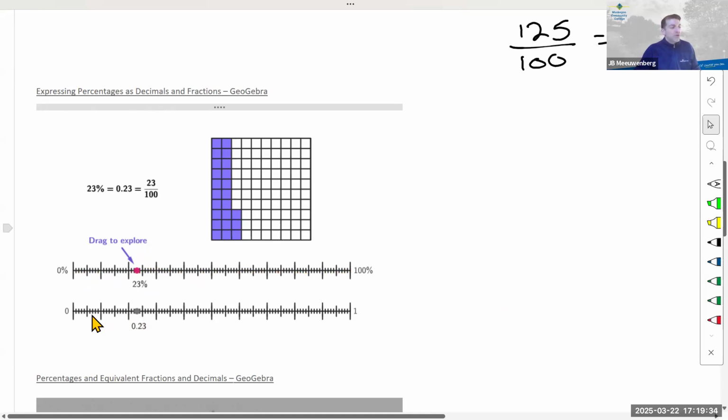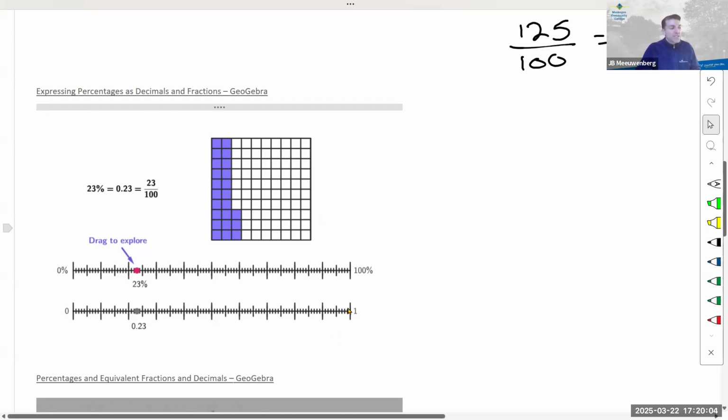Below that is a decimal line from 0 to the number 1. We think of 100% as one whole thing, the whole thing. So the number 1 represents a whole, so it also represents 100% of something. Here, we're now envisioning this whole square as representing the number 1, right? There's one entire square, and we can see it broken up into 100 individual pieces.